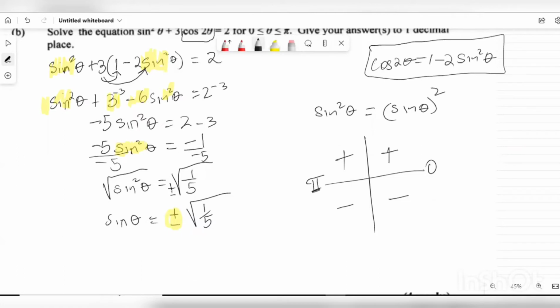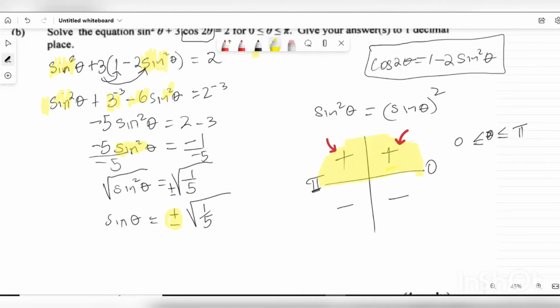The question says that we are working between pi and 0. So then we are only working in this segment. We're moving from here to here because they're talking about sine. Sine is positive here, it is positive there.